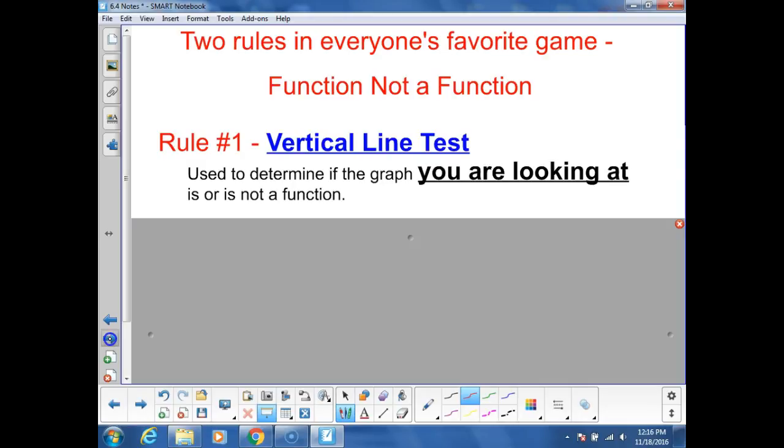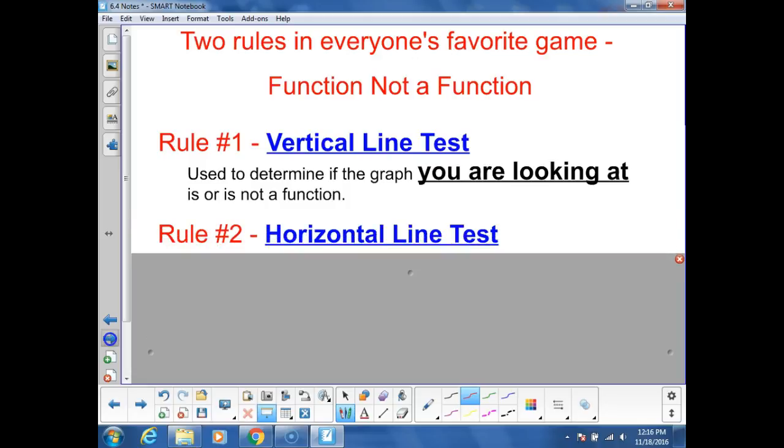Instead of having a vertical line test, we're going to have a horizontal line test.